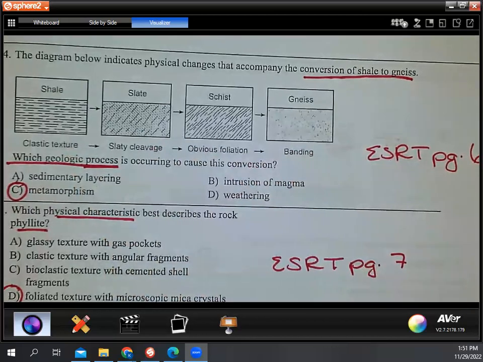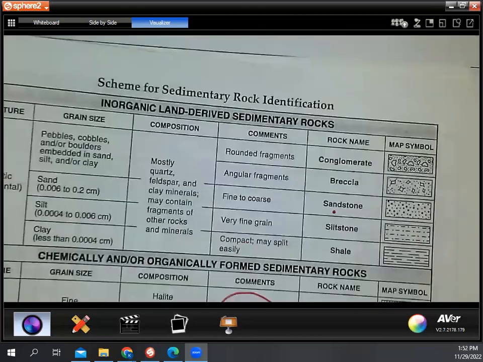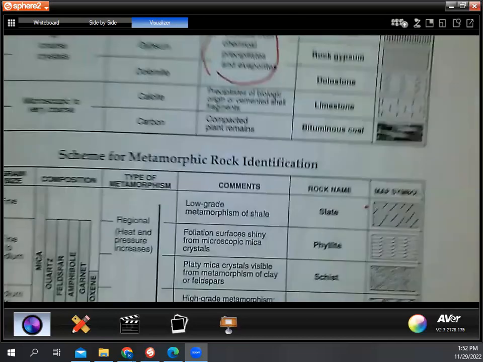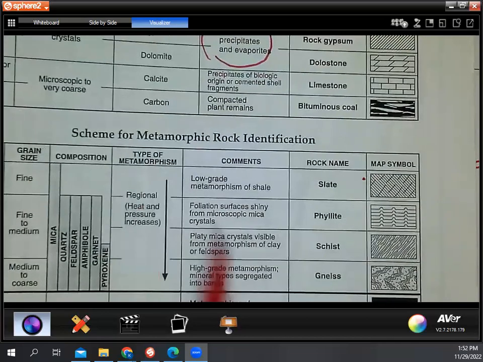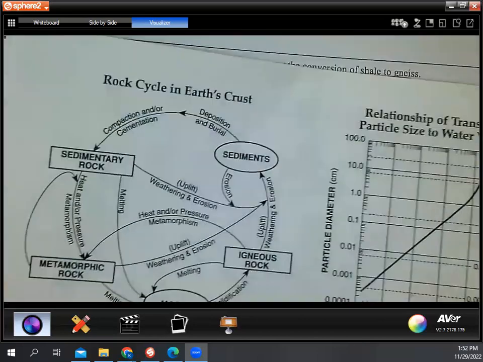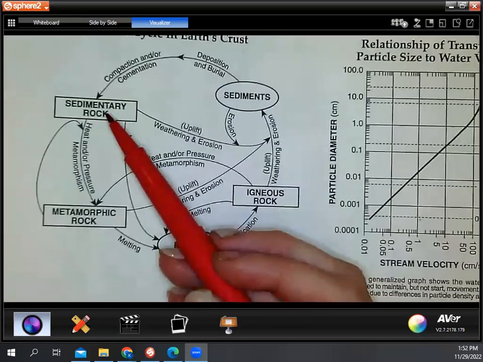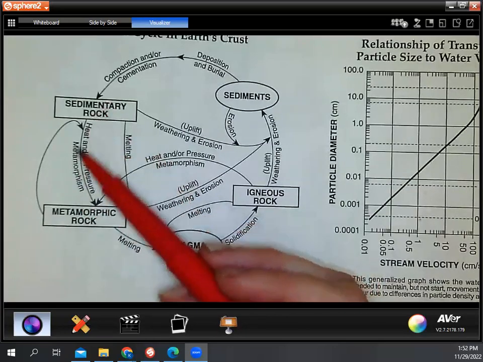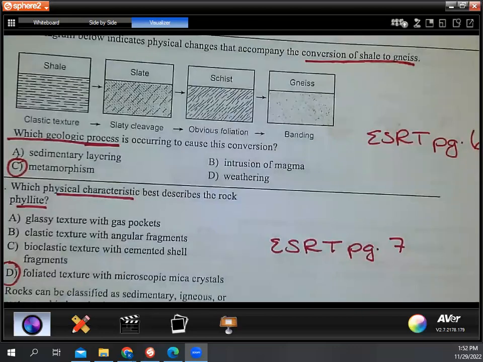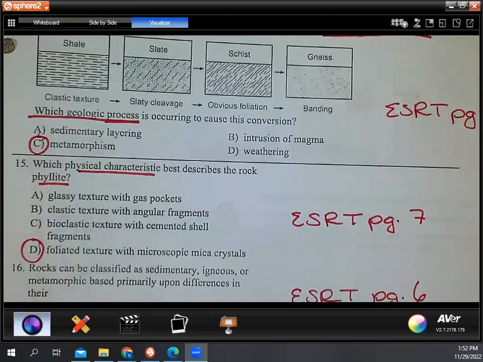If I look for the words shale and gneiss on my reference table, I find shale is a sedimentary rock, and I find gneiss is a metamorphic rock. As I move from a sedimentary rock to a metamorphic rock, I have to go through heat and/or pressure, which is metamorphism. The choice there is C, metamorphism.